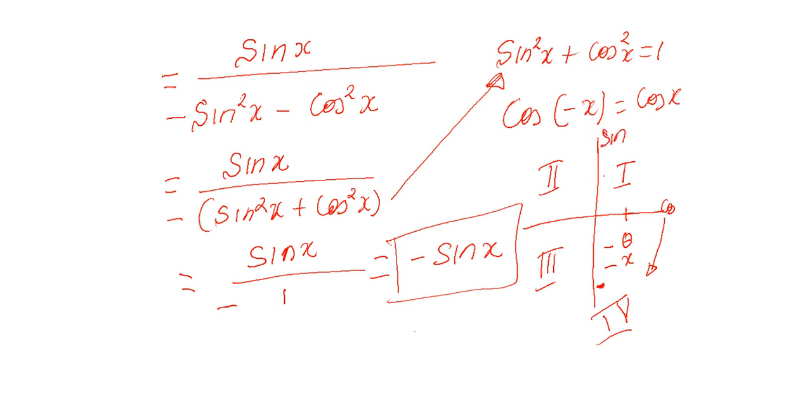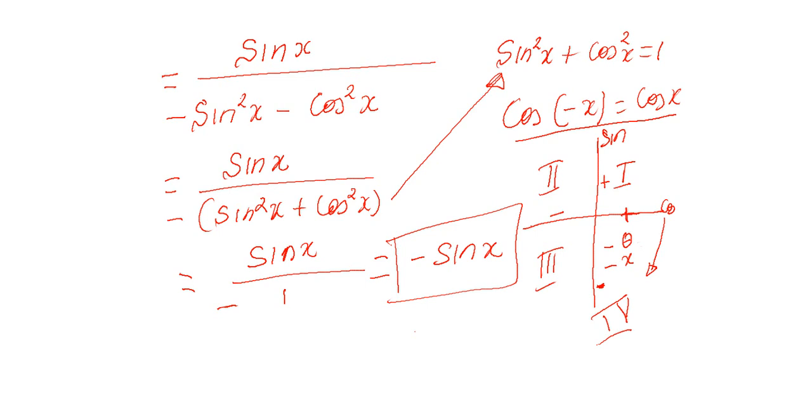But remember, here is the first quadrant where we have a negative x. In this quadrant, we know that cos is positive. Therefore, the cos of negative x is equal to cos x because cos in this quadrant is positive. So you have to know that cos of negative x is a positive cos x.